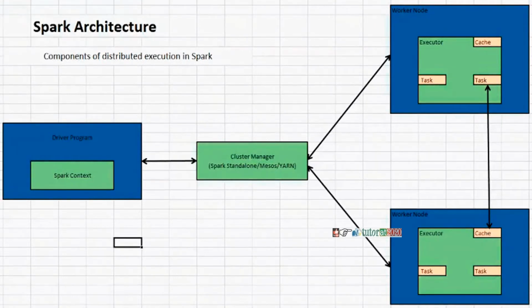If you look at a typical Spark program, the starting point of a Spark program is an object called Spark context. The starting point of any Spark application is an object called Spark context.